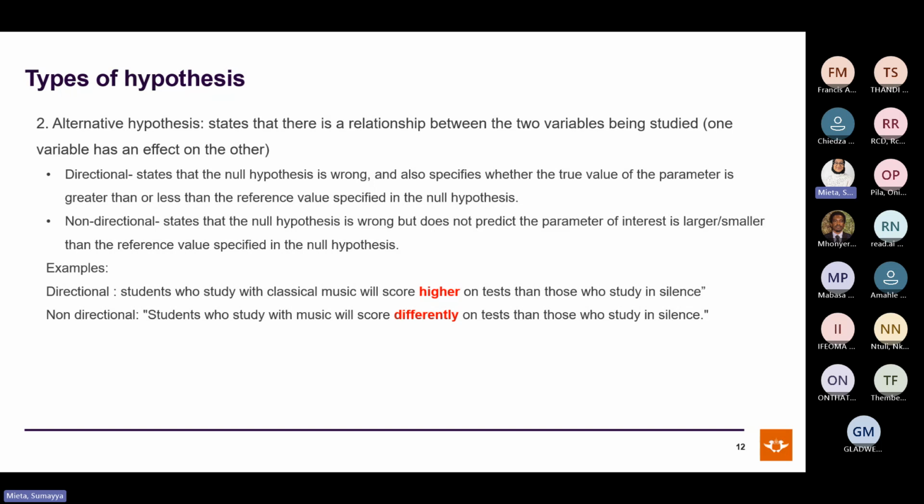The one is very specific. It gives you a value that you can use as a base, okay, or that you can compare from the baseline score, whereas the non-directional does not give you a value that you can use to compare from the baseline. Okay.